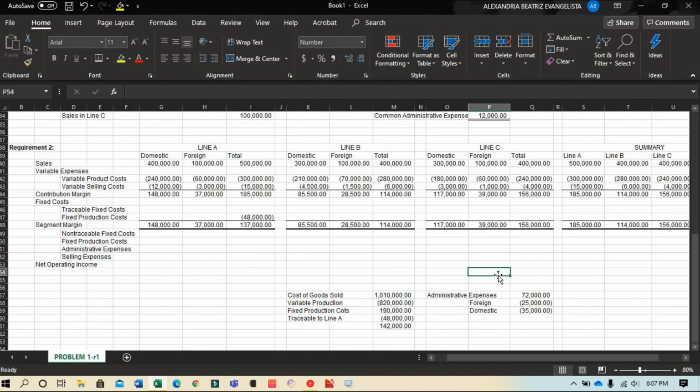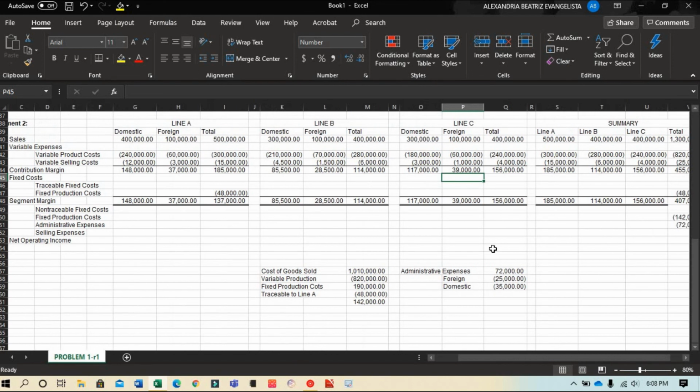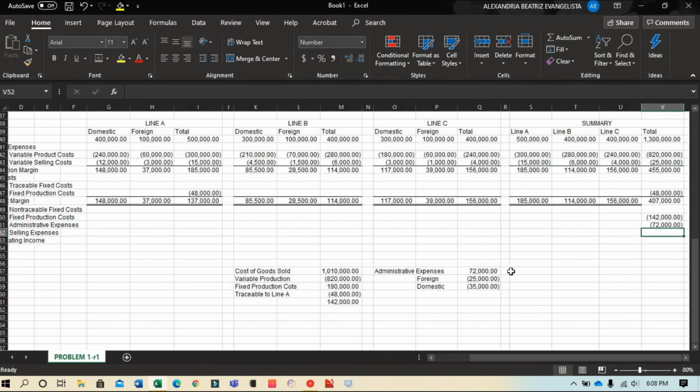Because we are doing a segmented report based on the product lines, not on the two types of market, the foreign and domestic. So from the perspective of having segmented income for the three lines, our administrative expenses become a common fixed cost, because you cannot trace it here, and there's no allocation provided.